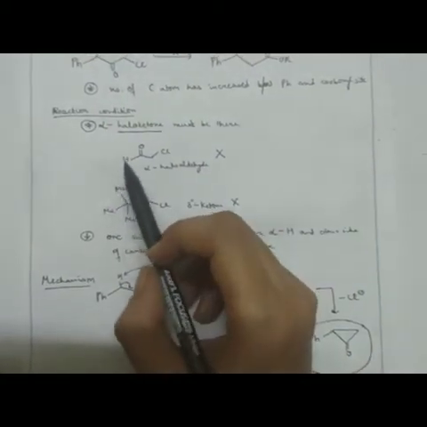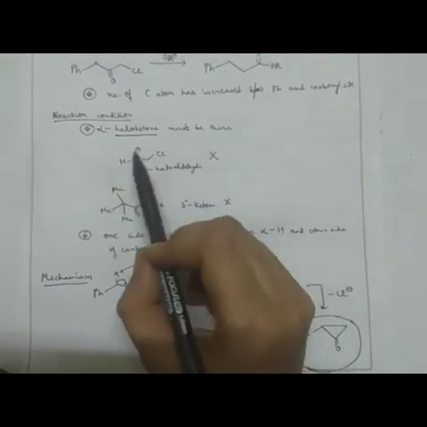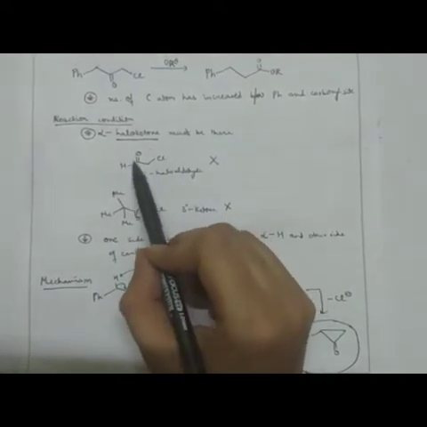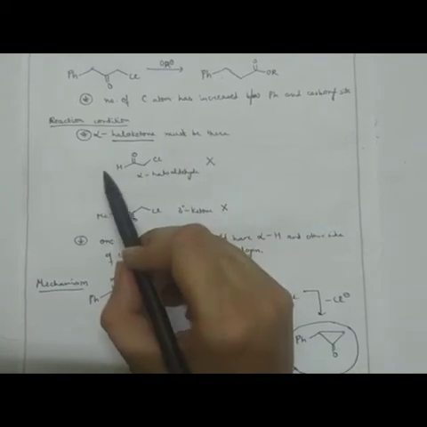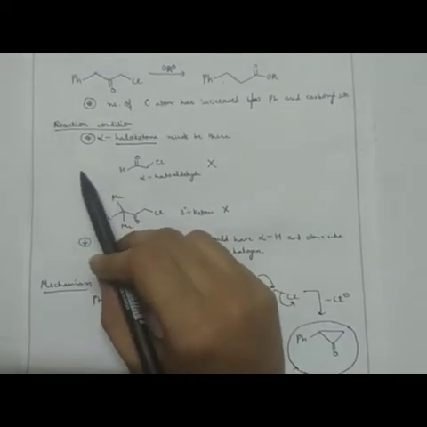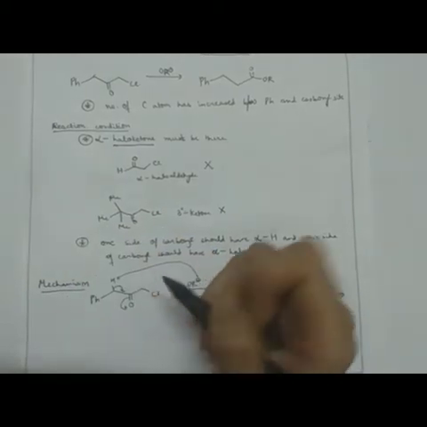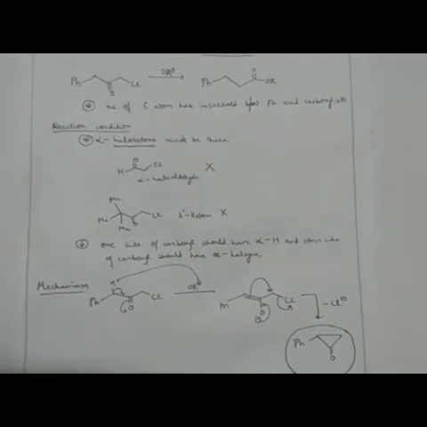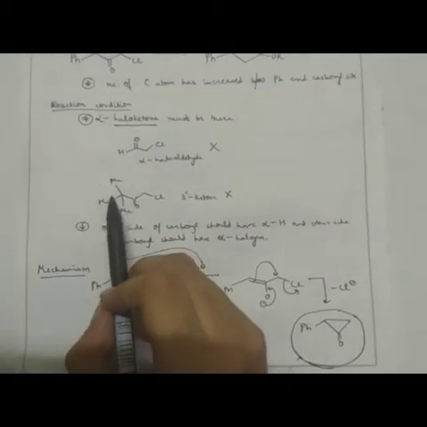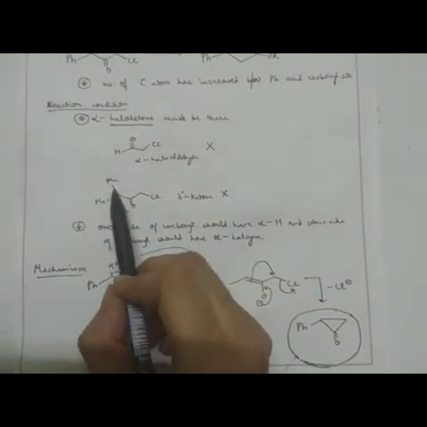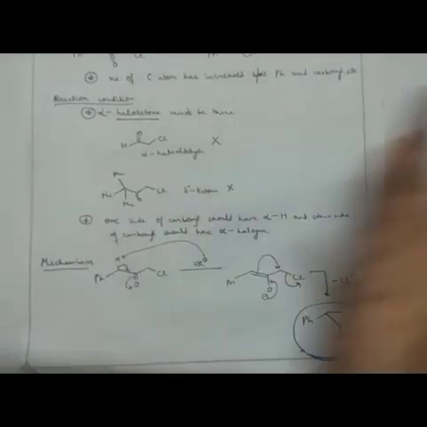Suppose we take an alpha haloaldehyde. It has a halogen on its alpha position, but there are no alpha hydrogens on the other side of the carbonyl, which is why this will not show the reaction. Here we have a tertiary ketone, right?